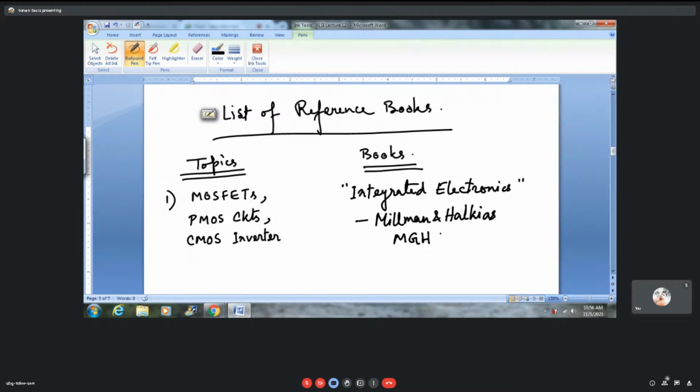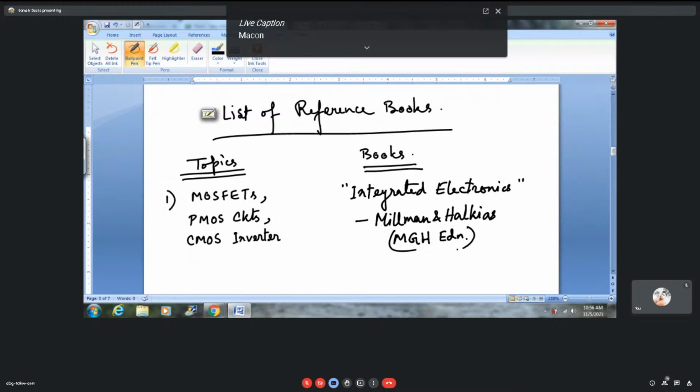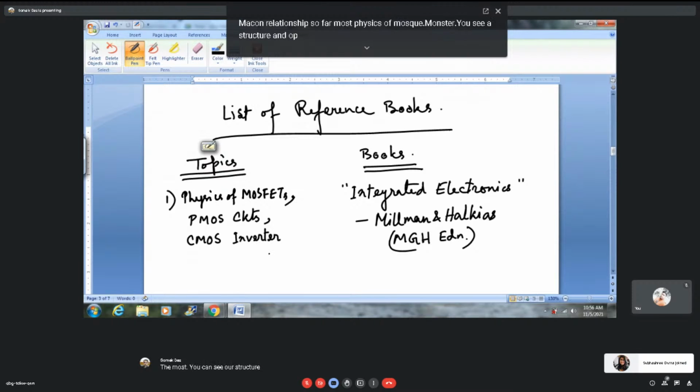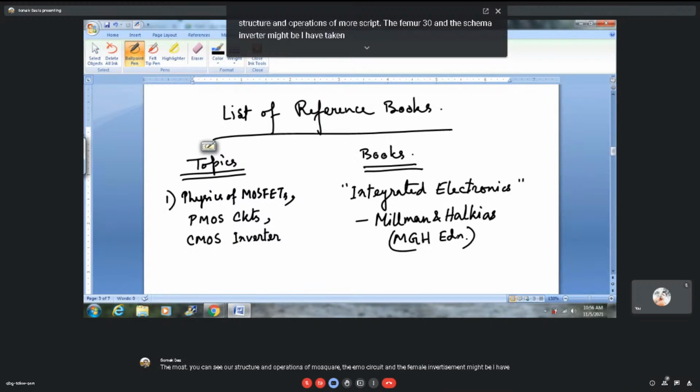McGraw-Hill edition. For MOSFET, physics of MOS transistors, more precisely, the initial structures and operations of MOSFET, the PMOS circuit and the CMOS inverter circuit, mind you, I have taken from Integrated Electronics by Millman and Halkias.